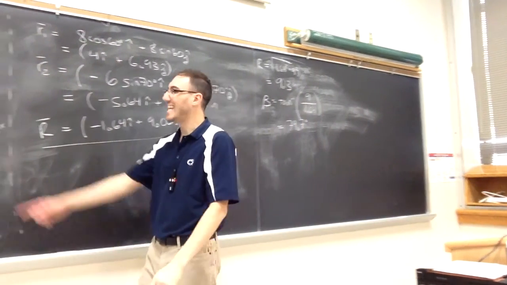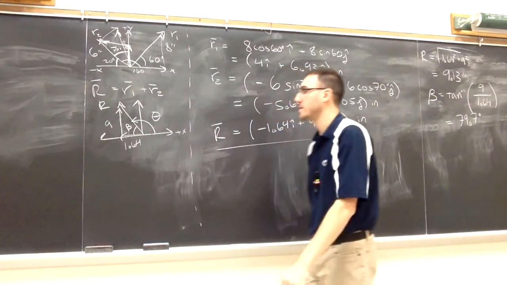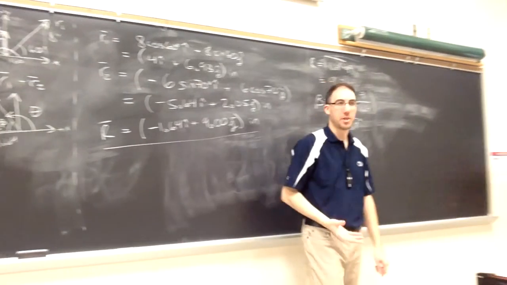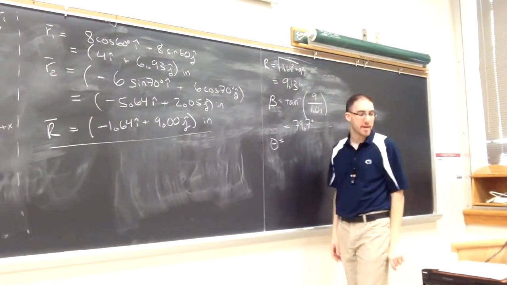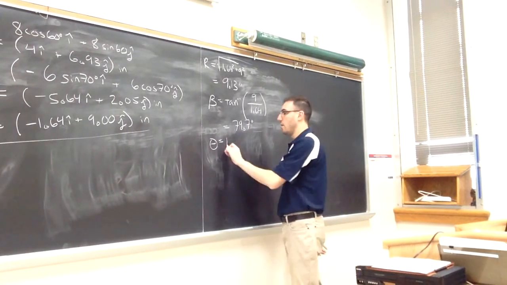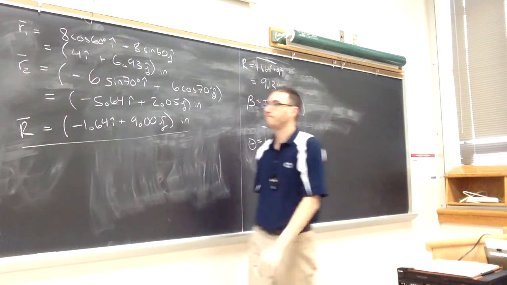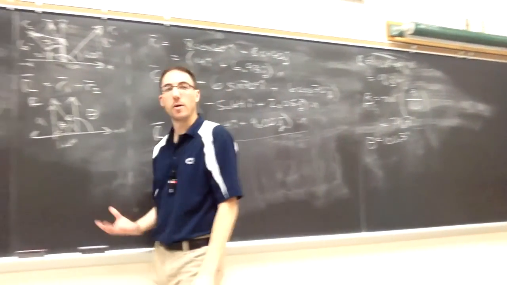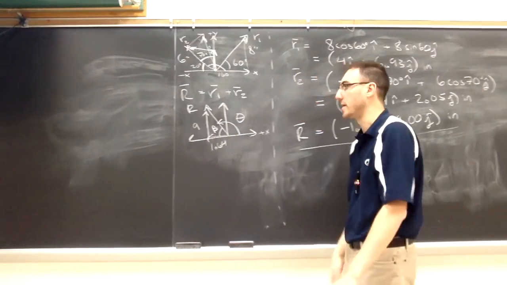And again, that's the inside angle, but theta is the outside angle. But from the sketch here, I know that beta and theta are supplementary. So therefore, theta is 180 minus 79.7, or 100.3 degrees. Again, we know it should be obtuse because we're in quadrant number 2, so it has to be greater than 90 degrees.